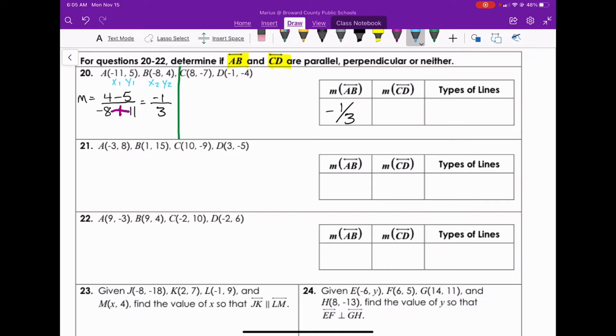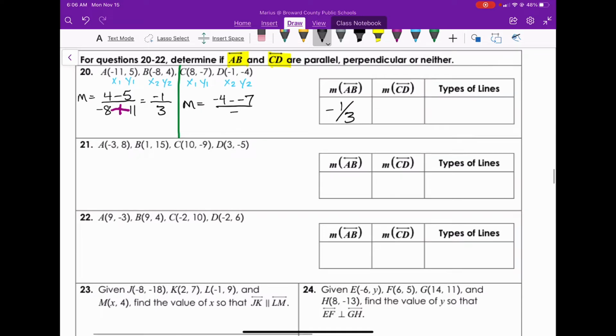Now we need to do the slope of CD. x1, y1, x2, y2. The slope formula says y2 minus y1. So y2 is negative 4, y1 is negative 7. And then on the bottom, we should have x2 minus x1, which is negative 1 minus 8. On the top, once again, we have a double negative, so we can add. When we evaluate, that's going to become positive 3.